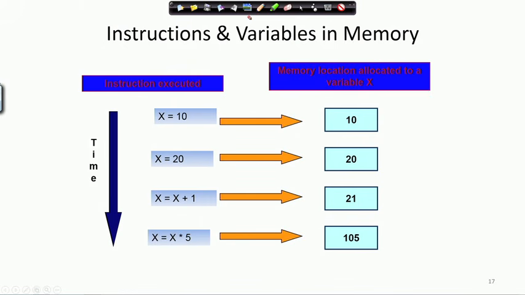So, now let us move to this. Here we are executing instructions, one after another. In the first instruction, we find that x has been assigned the value 10. Once again, let me come here: x is assigned the value of y.